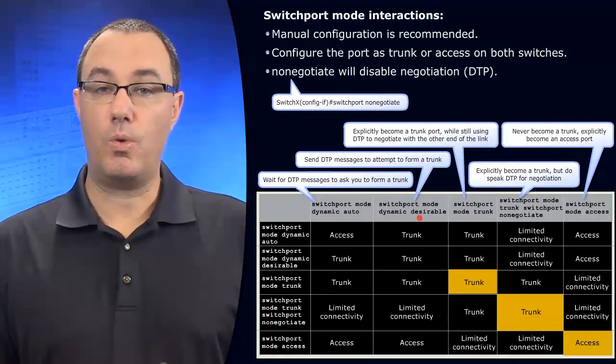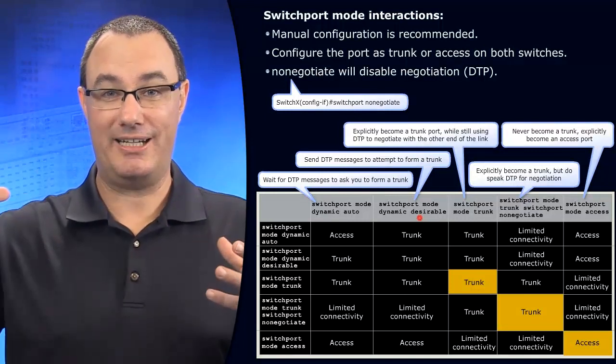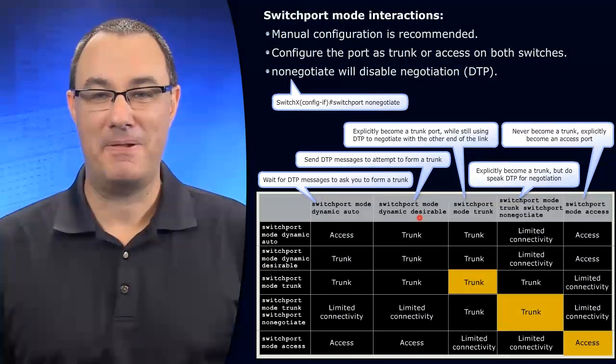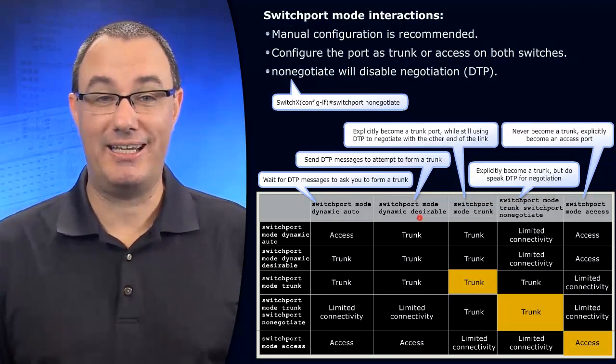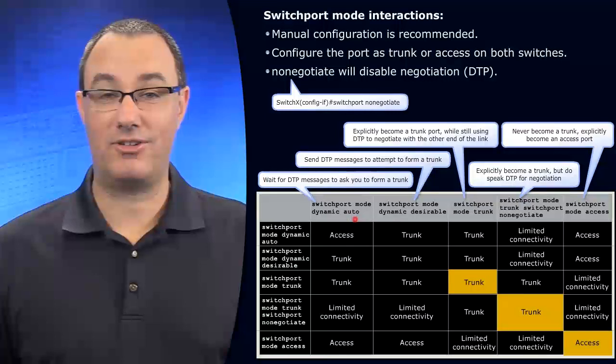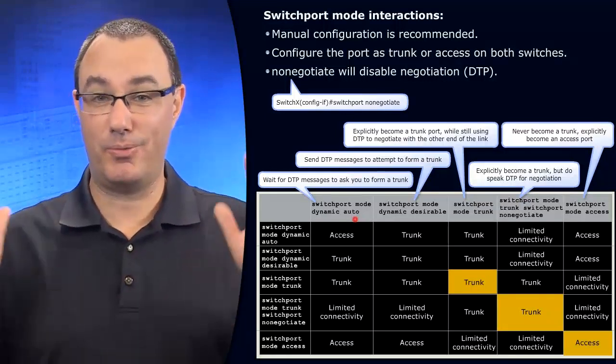If you say on one side to be dynamic desirable, both sides will agree. One side can ask. We make a joke sometimes in class. We say, it's like a junior high dance. Two sides on opposite ends that don't ask each other, well, nobody's dancing.